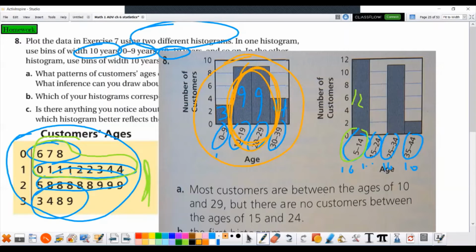They're 10 to 29. But when I look at this graph, everybody's either children or older. So entirely different. Here, everybody's in the middle. Well, here, everybody's on the edges. I could be really confused trying to figure out what type of customers are coming in my store. I want to know that because what items should I carry?